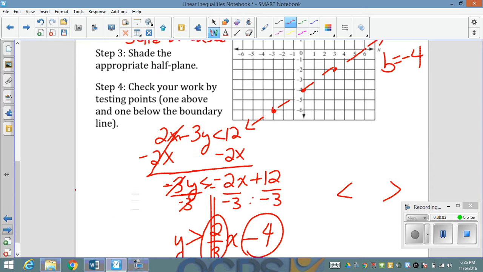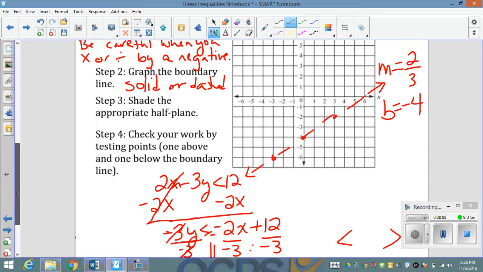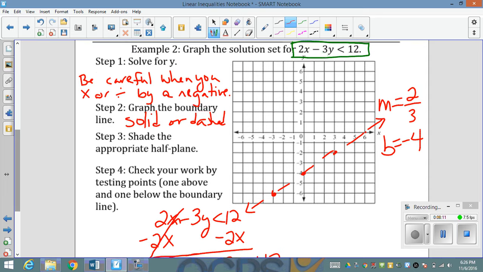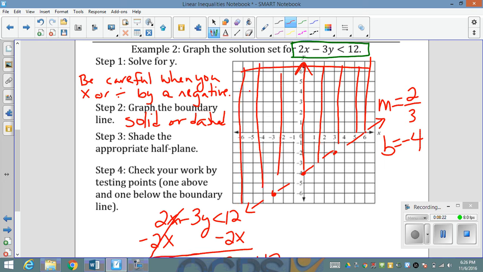In this case, I want to go to where I have solved for y and look, it's a greater than. So I'm going to go to my y-intercept and I'm going to shade following my y-axis up. So I am shading the top half of this graph.